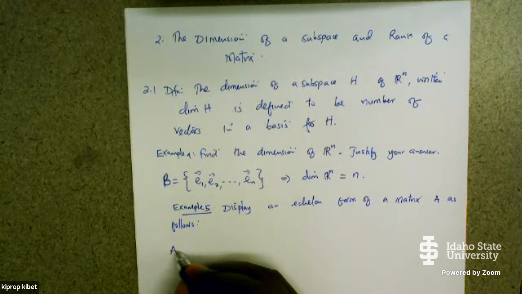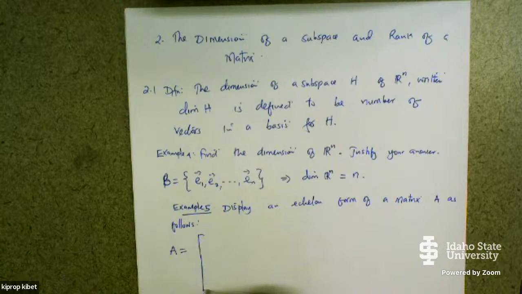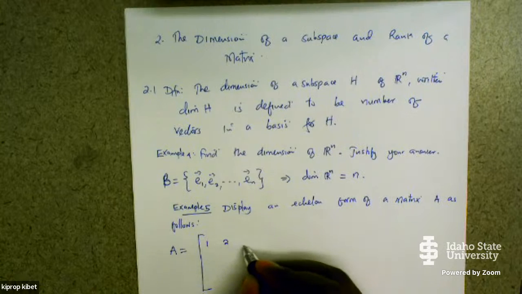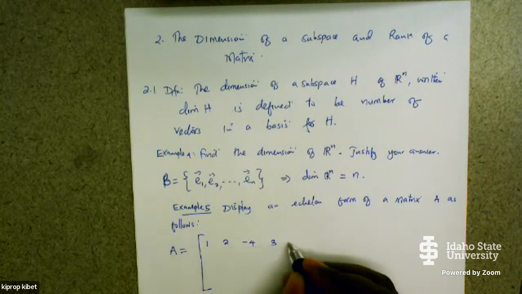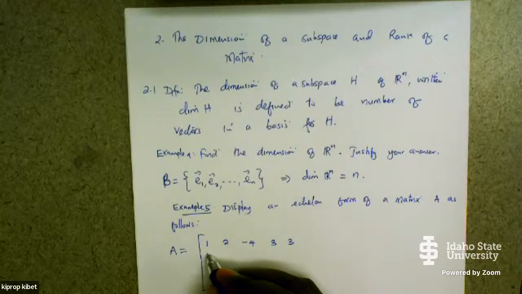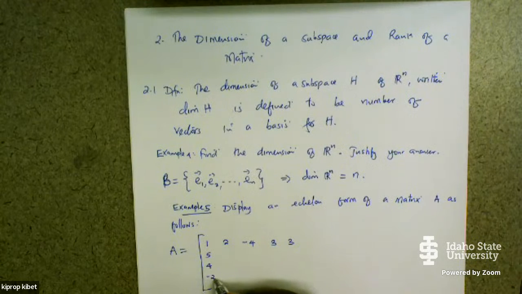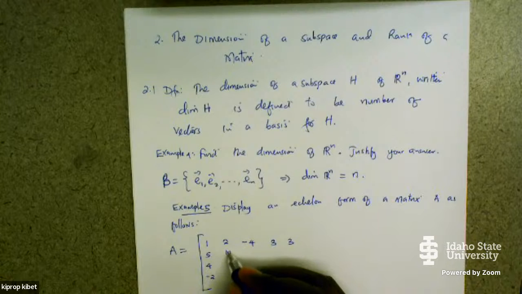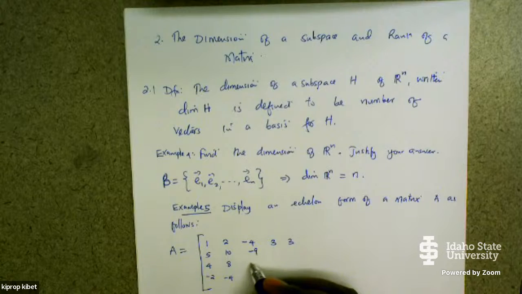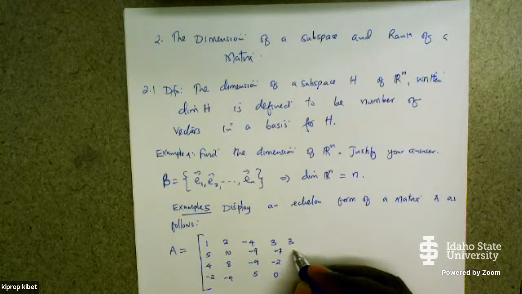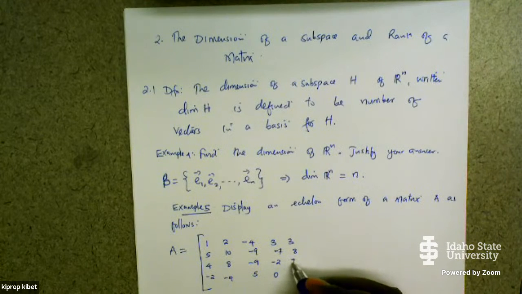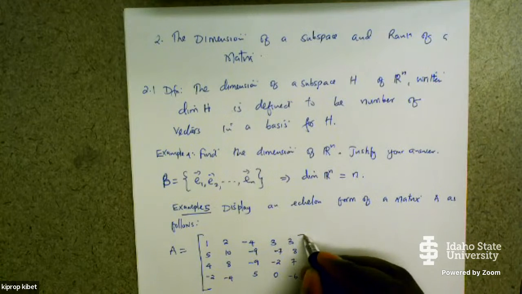So we have our A, which is equal to 1, 2, minus 4, 3, 3; 5, 4, and minus 2, 10, 8; and minus 4, minus 9, 5, minus 7, minus 2; and 0, 8, 7, and minus 6.